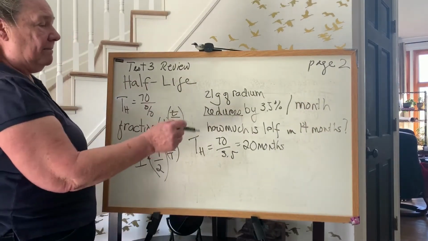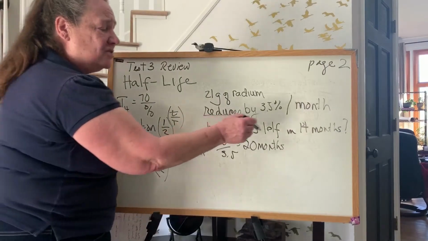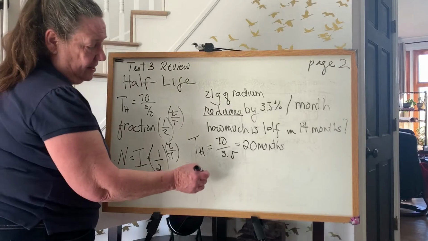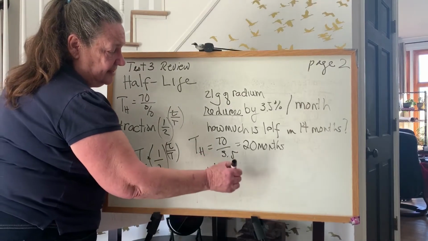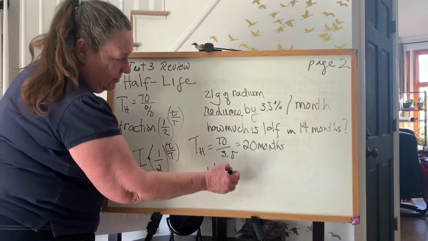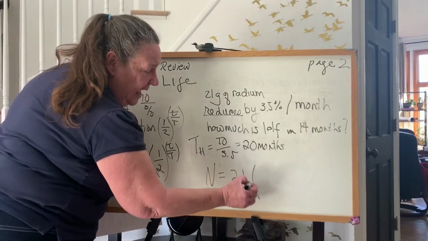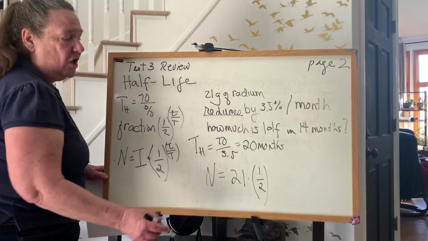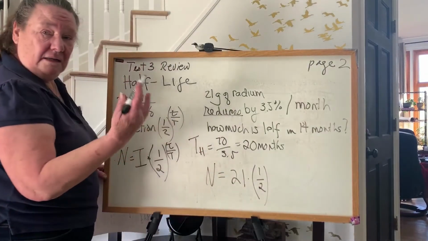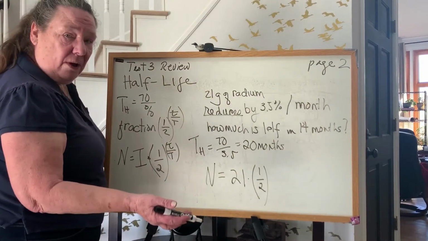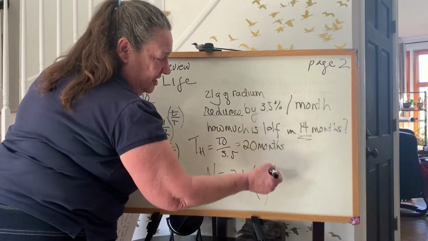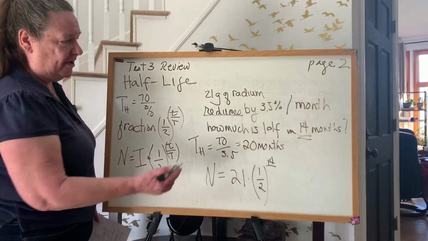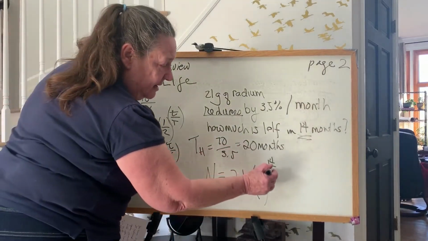Okay? Well, but then the problem goes on to say, how much is left in 14 months? Not 20, but less than 20. So you say N is equal to the starting amount times a half, and the half should be in parentheses, to the t, where t is how long you want to run the experiment, which is 14 months, over the time to half, which we found to be 20 months.